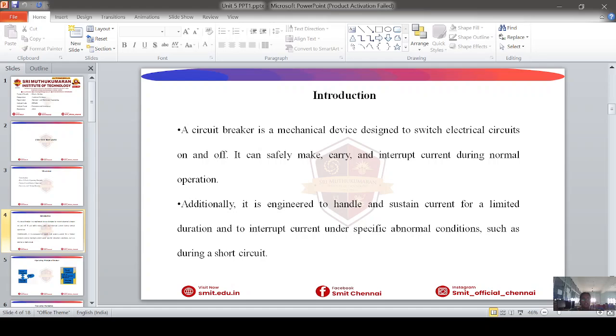Introduction. A circuit breaker is a mechanical device designed to switch electrical circuits on and off. It can protect, make, carry, and interrupt current during normal operation. Additionally, it can operate during both normal and fault conditions like short circuits.